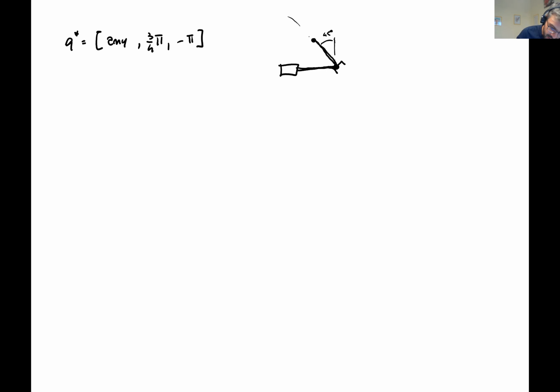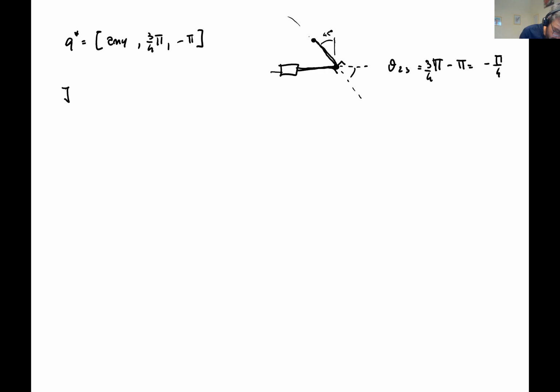So the angle theta 2, 3 that we need to compute the Jacobian is 3/4 pi minus pi, in essence minus pi/4, which is exactly this angle with respect to the horizontal. So it's the angle with respect to the link one axis.